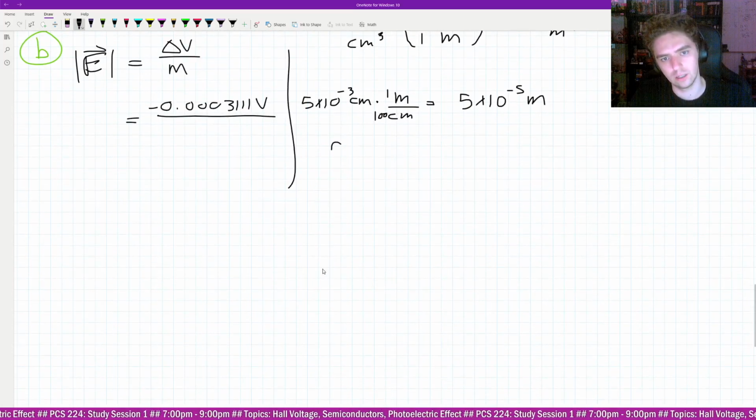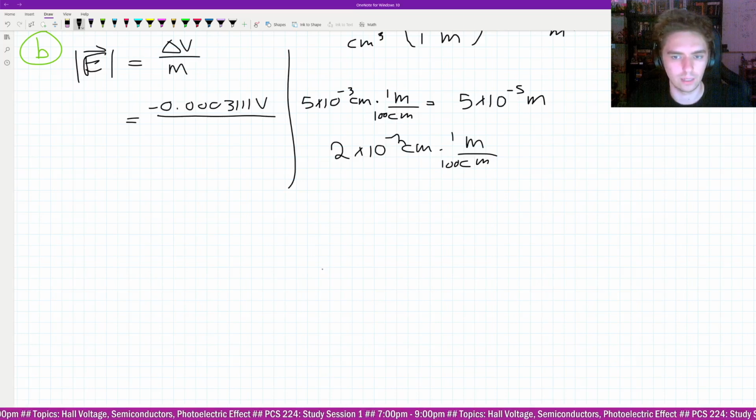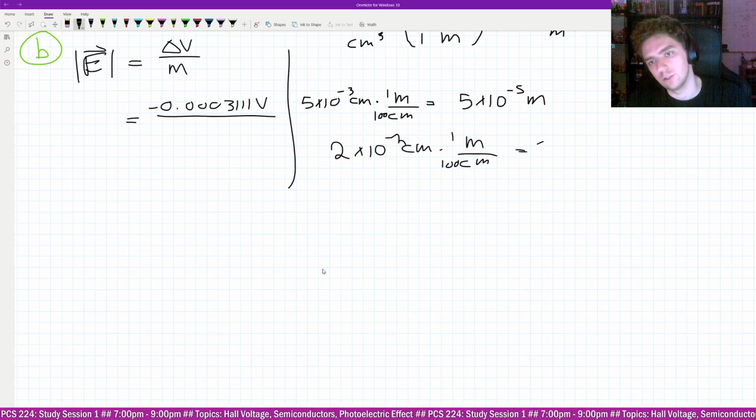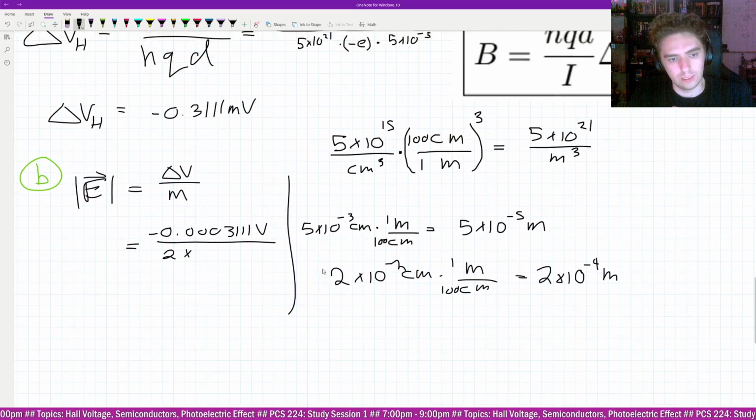I want that in meters, and 1 meter has 100 centimeters. So that's 2 times 10 to the negative 2 over 100, which is 2 times 10 to the negative 4 meters. And this will give us our electric field.